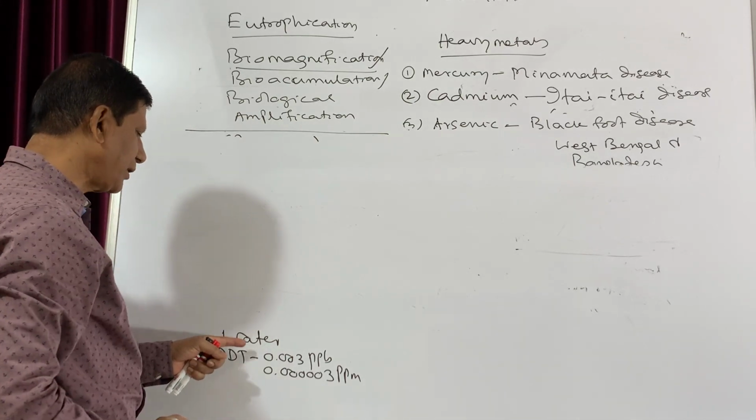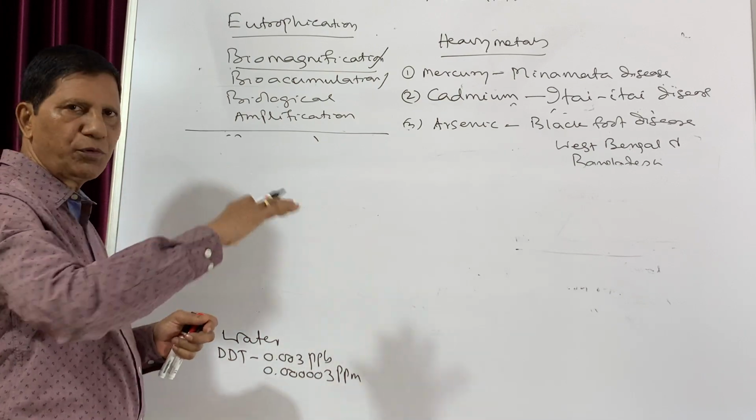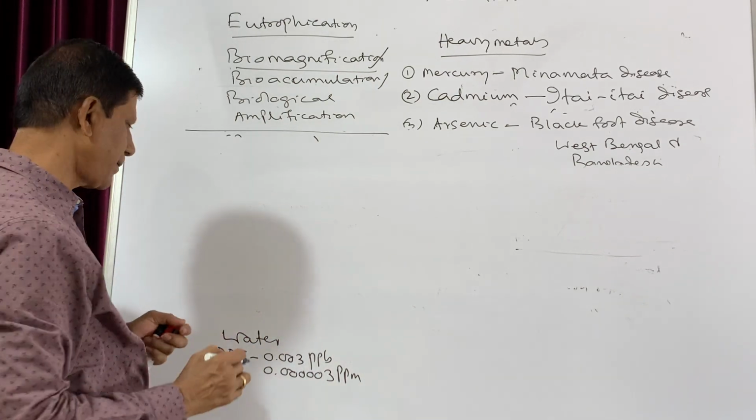This is the amount present in water due to the flowing of water streams from agricultural fields.